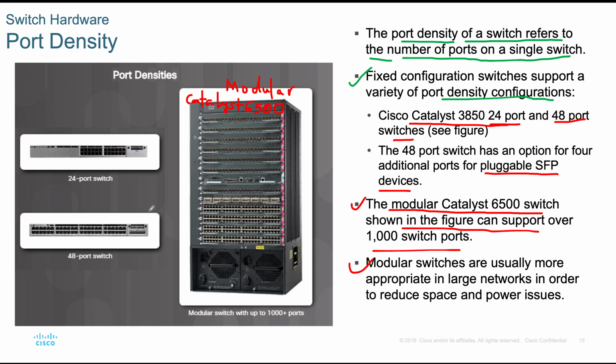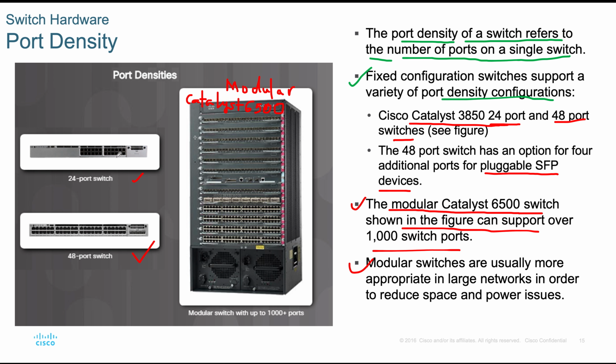Now let's quickly take a look at the port density. Port density is the number of ports available for use per switch, right? If you take a look, this one is a 24 port switch, this is a 48 port switch, and this one is a modular Catalyst 6500 switch. Now, what is port density? Port density of a switch refers to the number of ports on a single switch.